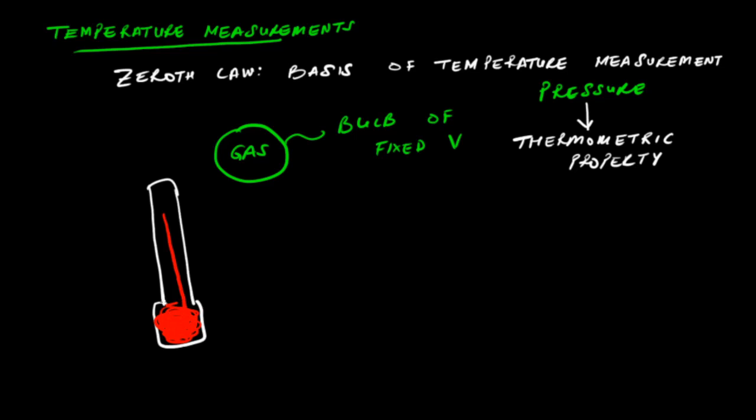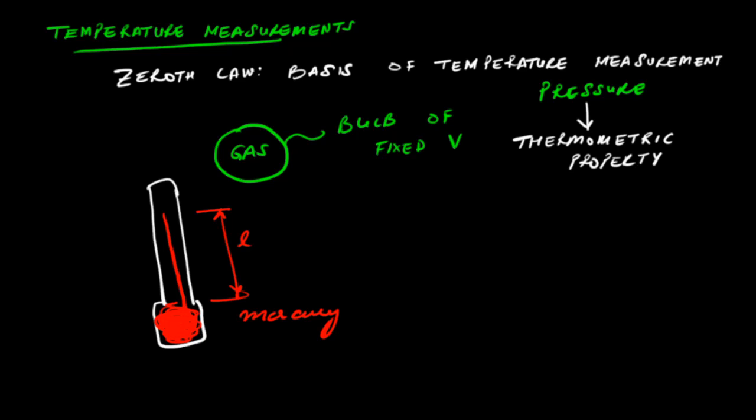So this length of the mercury column can be used to measure the temperature. So here the property that we are going to use is the volumetric expansion of mercury, which can be measured in terms of the length of the mercury column in this mercury in bulb thermometer. Similarly, you can use any other thermometric property to measure temperature.